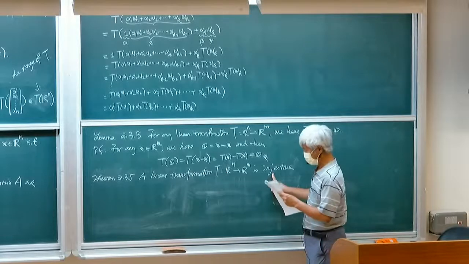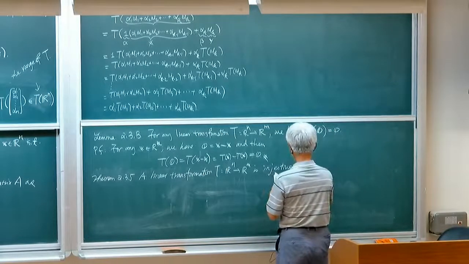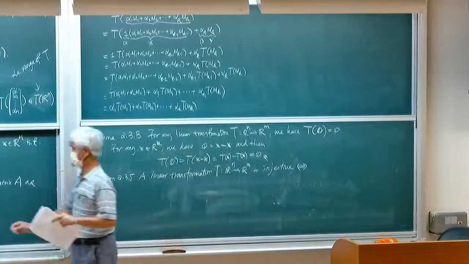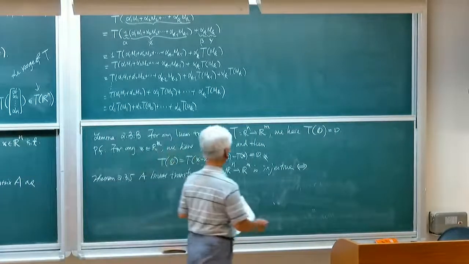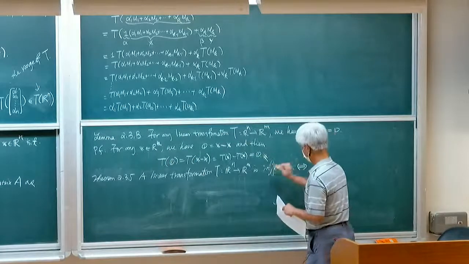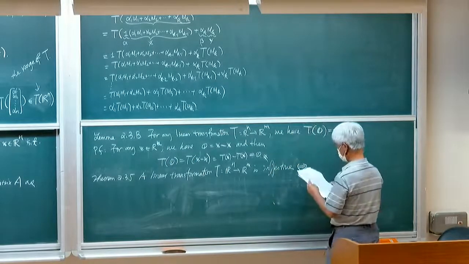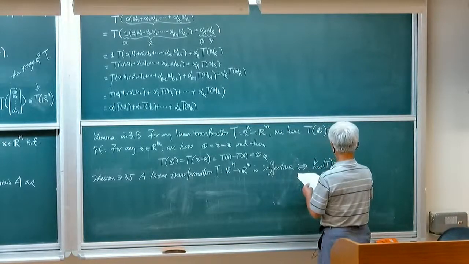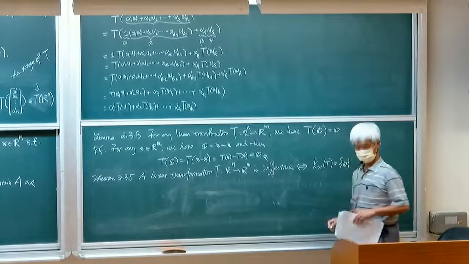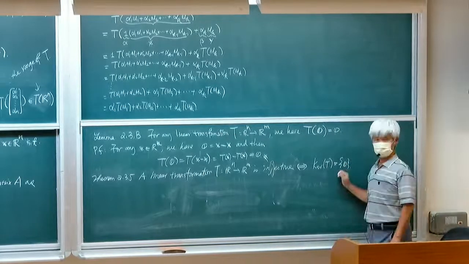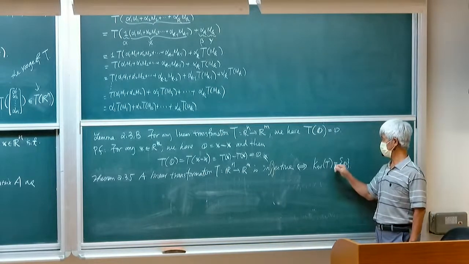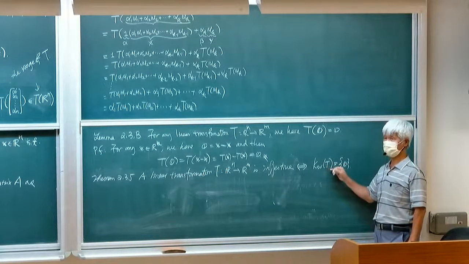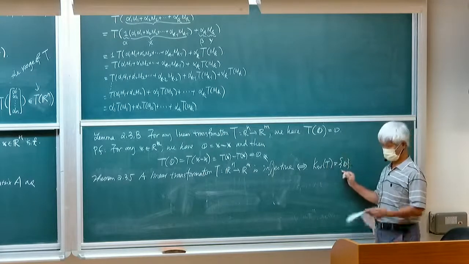I'm sorry. If and only if the kernel of T consists of only the zero vector. Okay, it says that the kernel of T is trivial. Okay, it's called trivial because it is just the set of the zero vector.